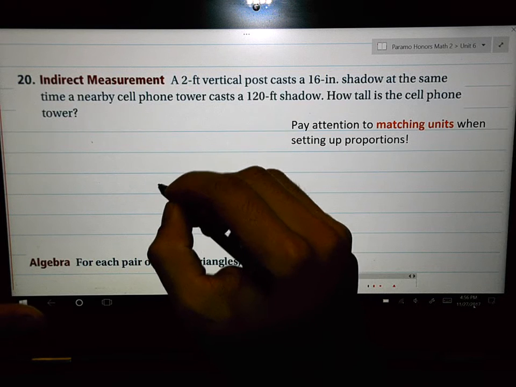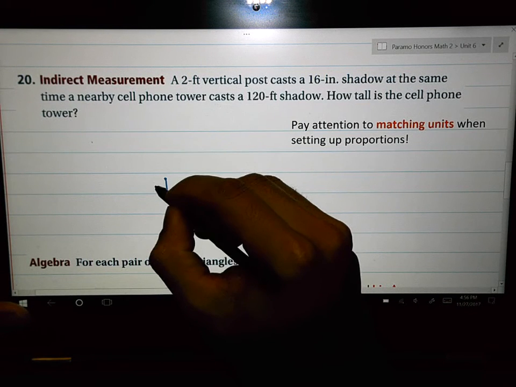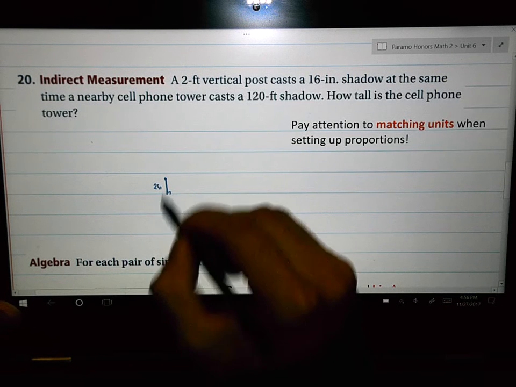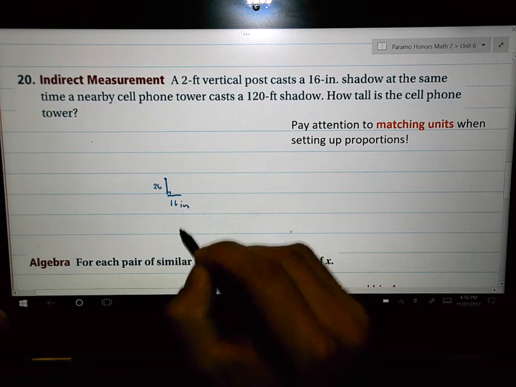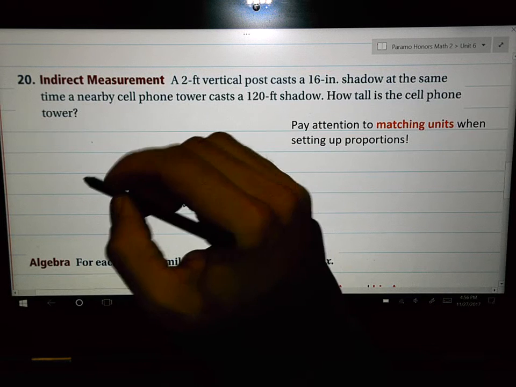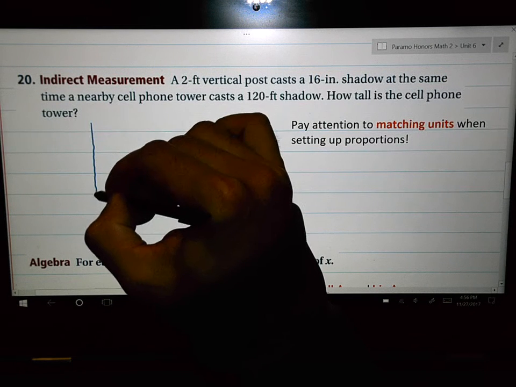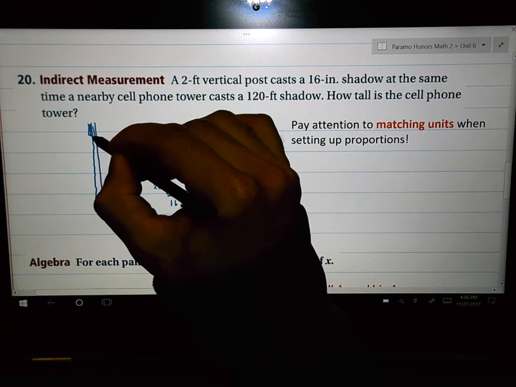We have a post. And it's how tall? It's 2 feet tall. And it's vertical, so it's straight up in the ground. It has a 16-inch shadow. At the same time, that must mean that the shadow of the cell phone tower, they have these little things on them.